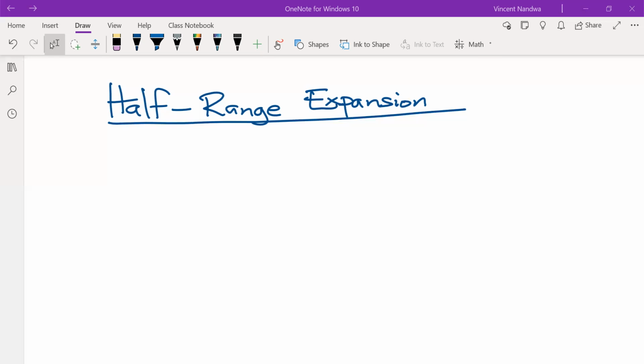Once the question specifies that you carry out half-range cosine expansion, then you use the formulas that we derived for a Fourier cosine series expansion. And if the question specifies you carry out half-range sine Fourier series expansion, then you apply the formulas that we derived for the sine series expansion. So this is what we mean.